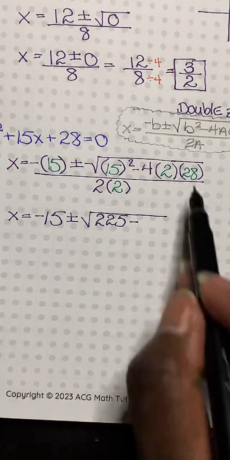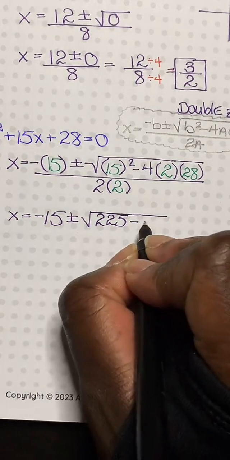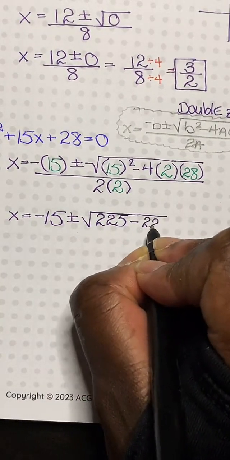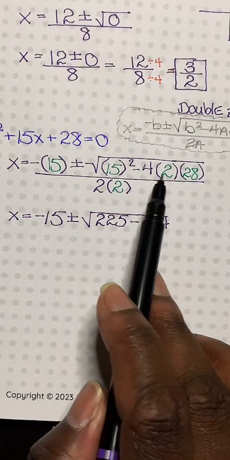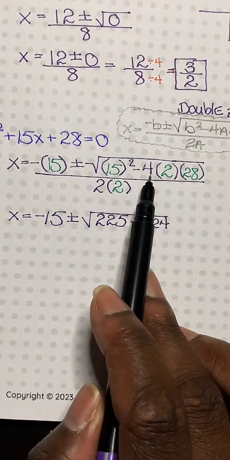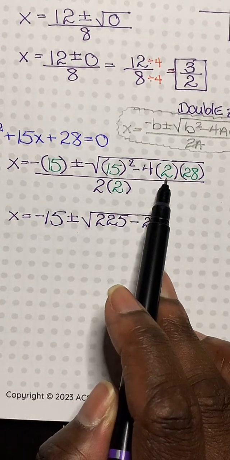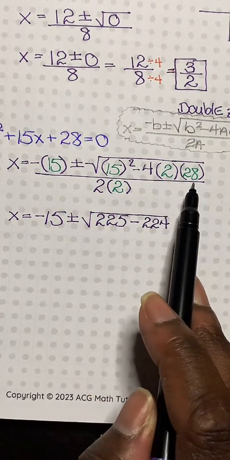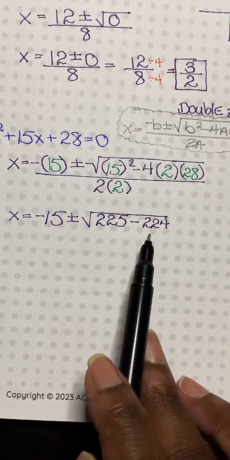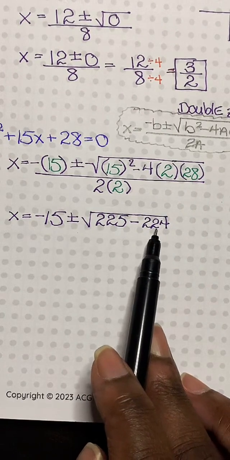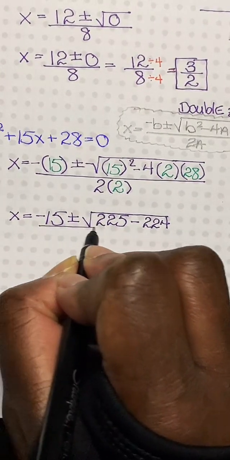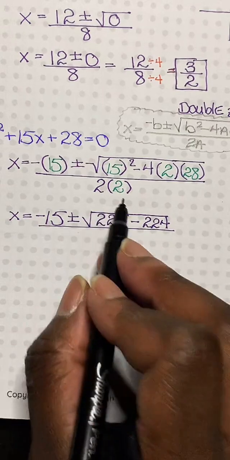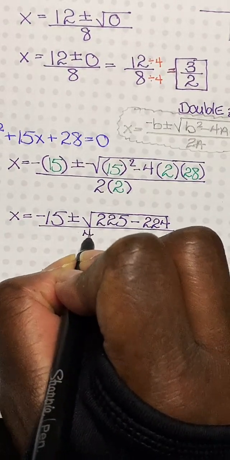And 8 times 28 will give me 224. So we're multiplying these three. If you do negative 4 times 2, that gives me a negative 8. And negative 8 times 28 will give me a negative 224. And all of this is over 2 times 2, which gives me 4.